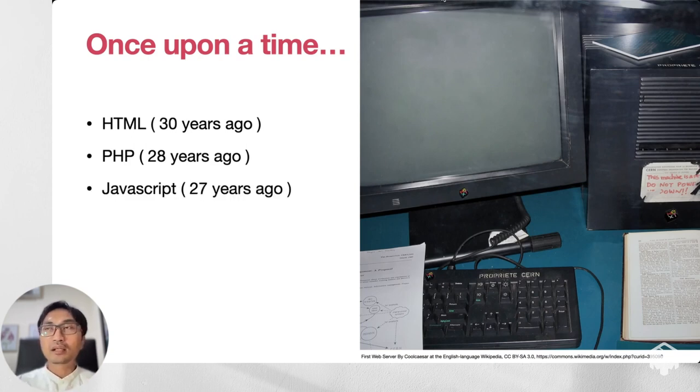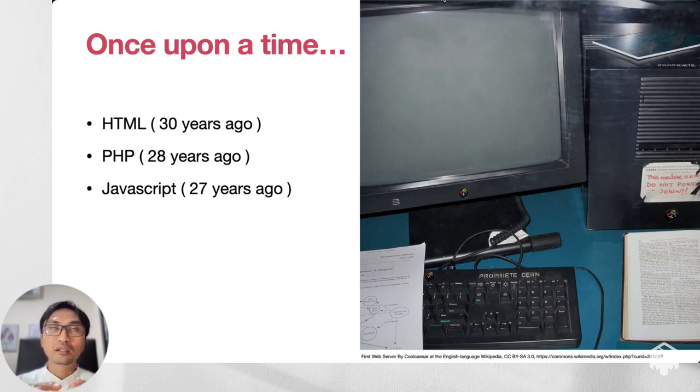But then about 6 months after that, Brendan Eich and his team at Mosaic realized that the browser doesn't have any dynamic scripting language yet to be able to make a rich application on the browser. He envisioned some kind of script that is based on Java, which was a really popular language at the time.